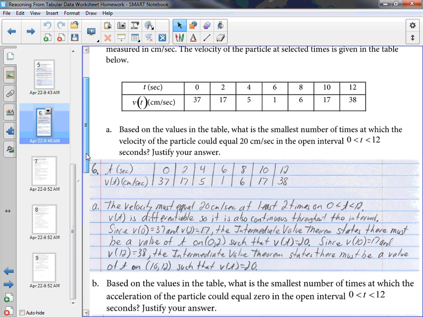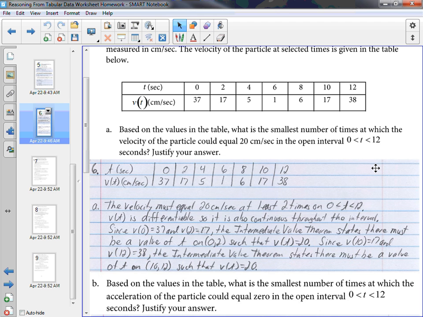All right, here's what I wrote. The velocity must equal 20 centimeters per second at least 2 times on this interval. V of t is differentiable, so it's also continuous. All differentiable functions are continuous. If they're differentiable through an interval, they're continuous on the interval.